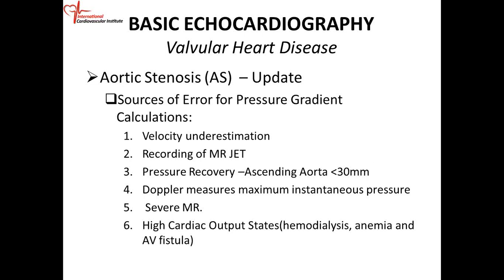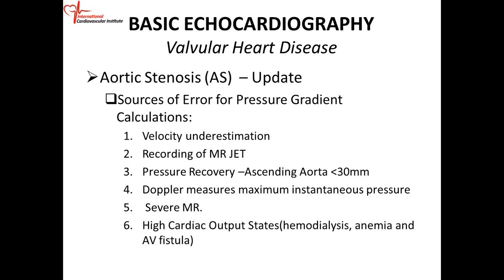So if you have low flow, the velocity is going to be low and the gradient is going to be low. If you have high flow, the velocity is going to be high and the gradient is going to be high. And it's going to mess up your assessment. So you have to understand the limitation of using the pressure gradient calculations.